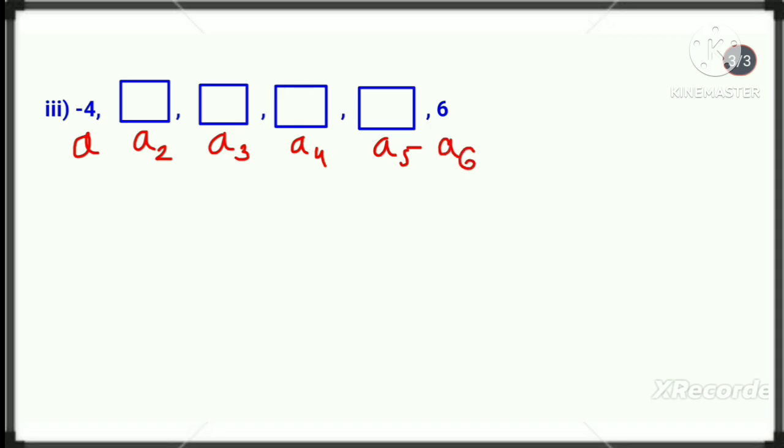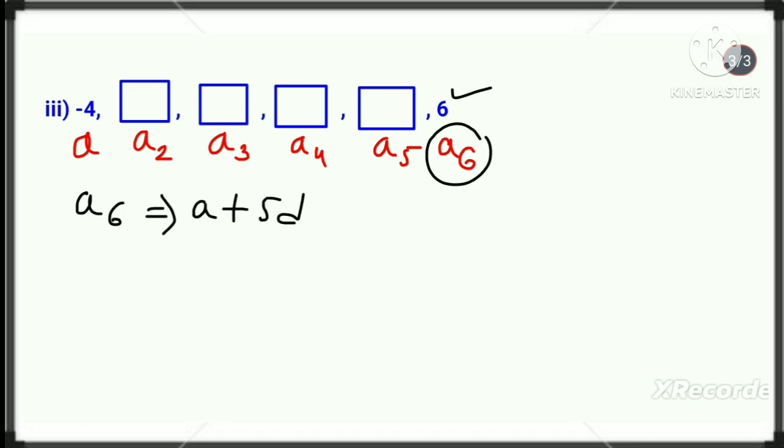Now let's find its common difference. For that, this a6 can be written as a6 equal to a plus 5d, and it is equal to 6.